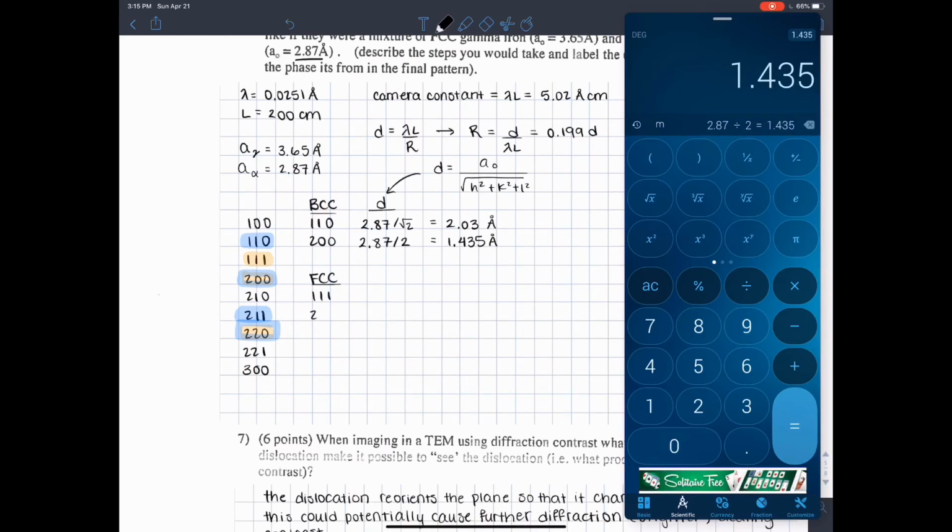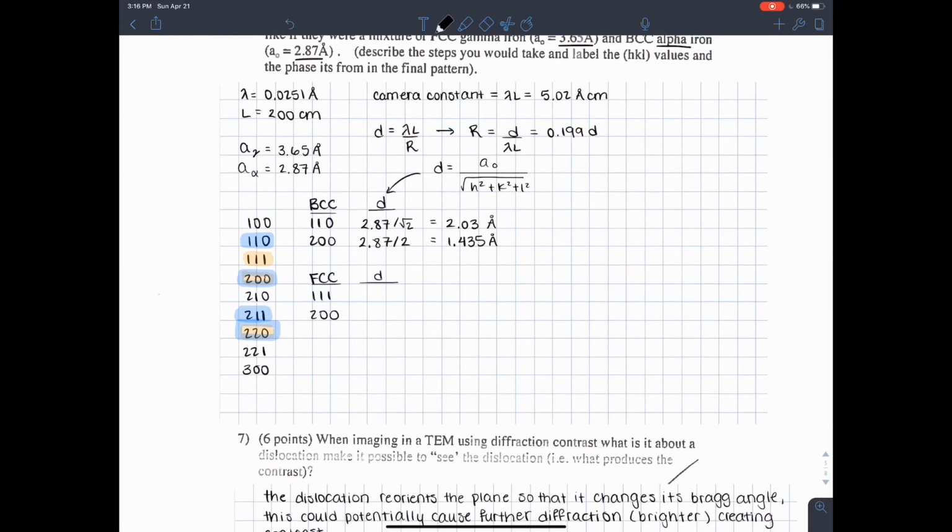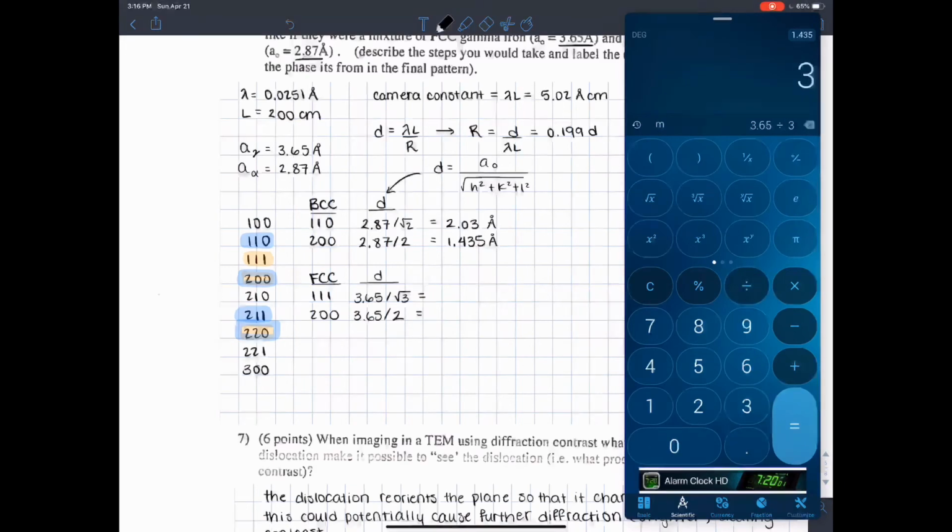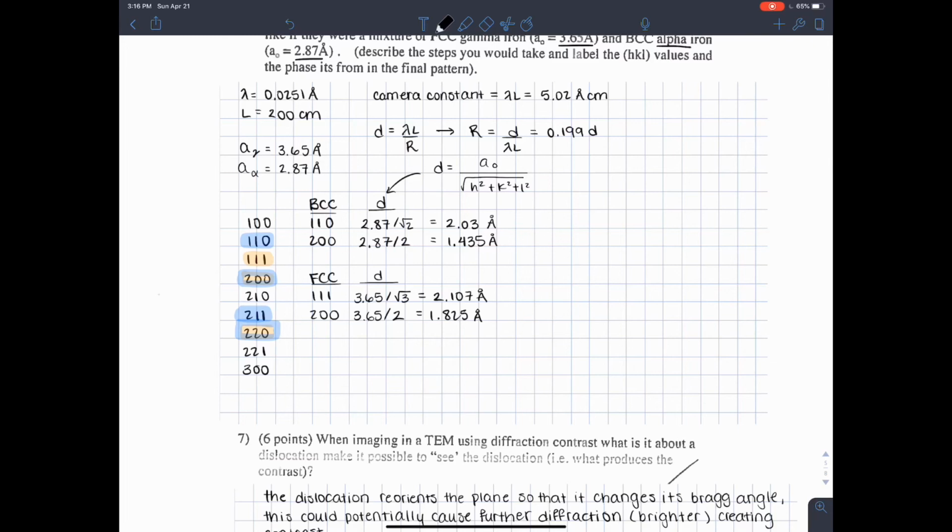We're going to do the same thing for the FCC's first 2 diffracting planes, and that d-spacing is going to be the A constant for FCC, 3.65 divided by root 3 for 111, and 2 for 200. It's going to be 2.107 angstroms for FCC 111, and 1.825 angstroms for the FCC 200 plane.